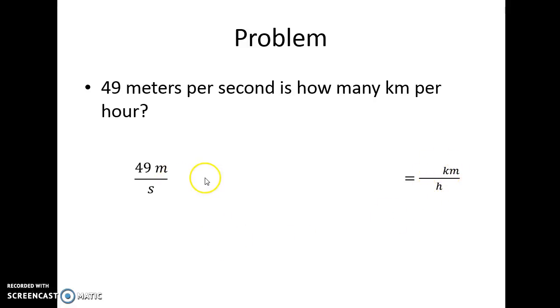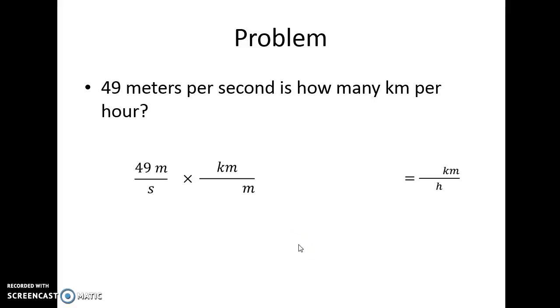Okay, so first thing we're going to do is we're going to go from meter to kilometer. Because meter is in the numerator, we put that down here. Our relationship is that kilometer equals 1,000 meters, and we'll insert that later. Let's do the next unit. We want to go from second to hour.